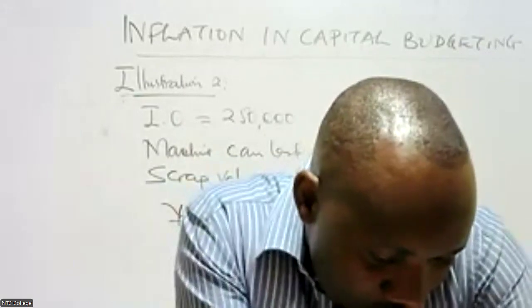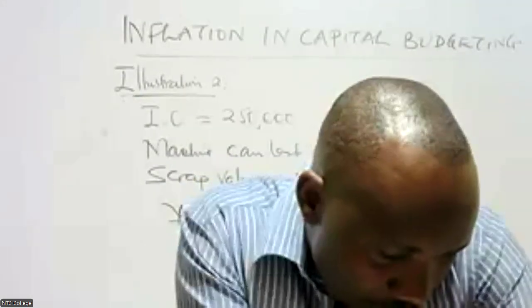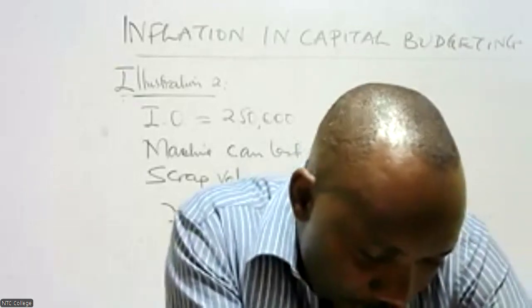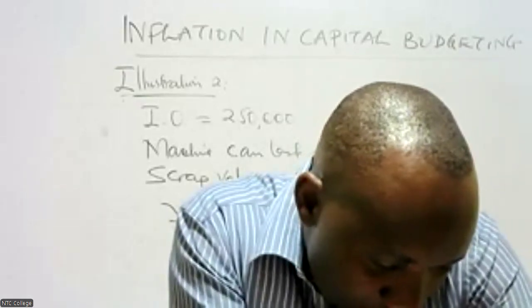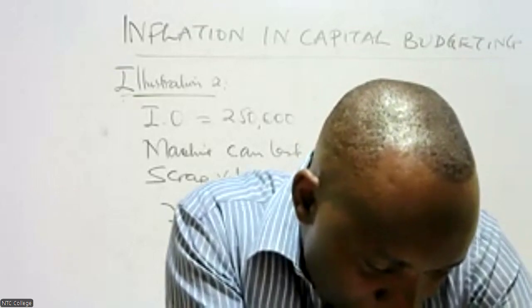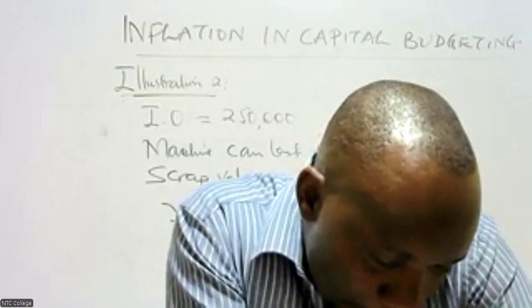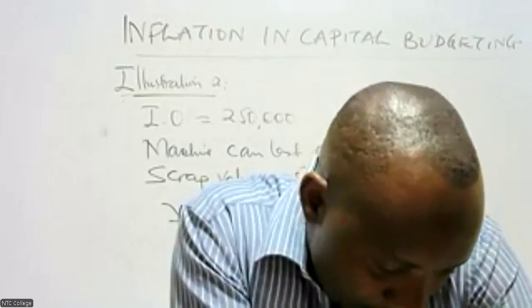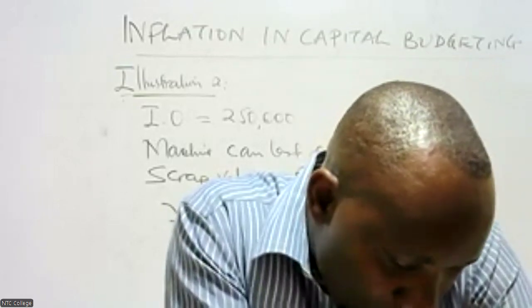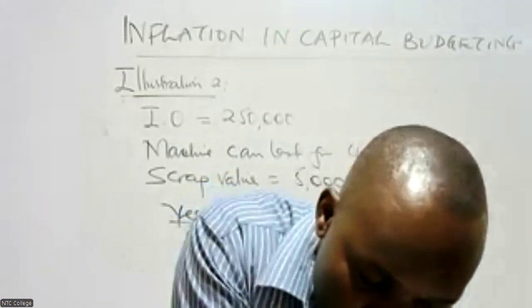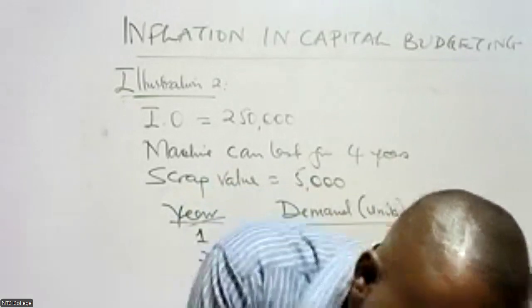Incremental annual fixed production overhead is 25,000 per year, that is like fixed cost.